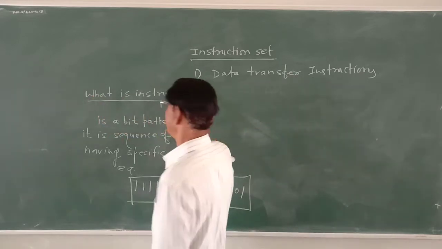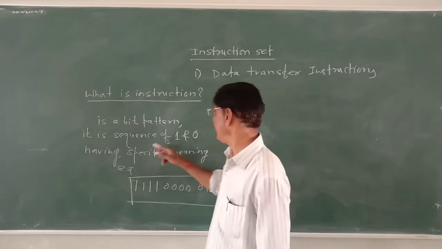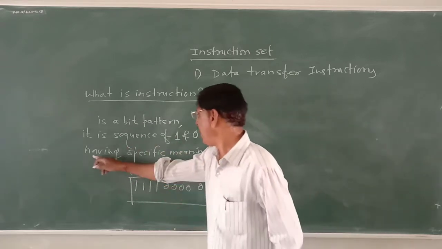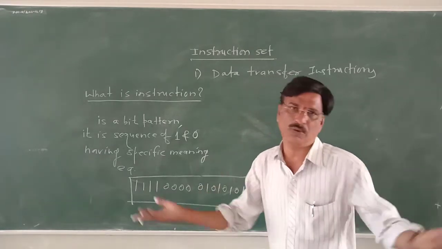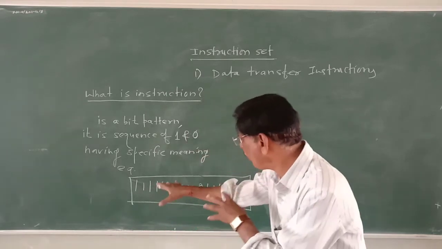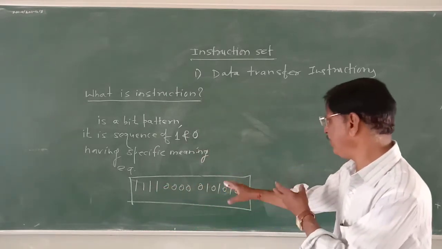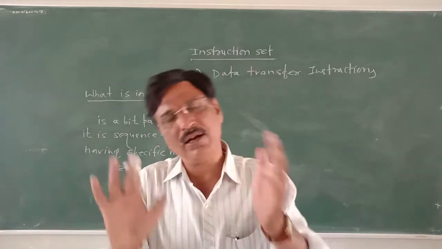What is instruction? It is a bit pattern, a sequence of 1 and 0 having specific meaning. What the meaning is, we don't know, but the microprocessor can understand.